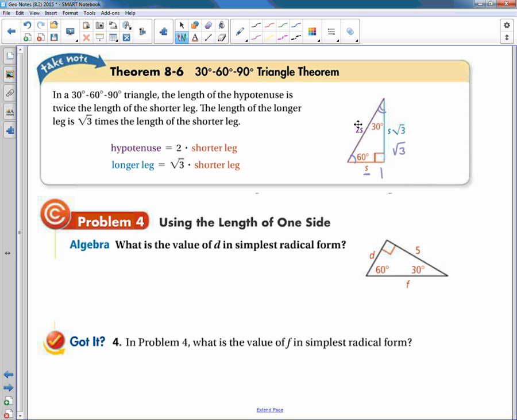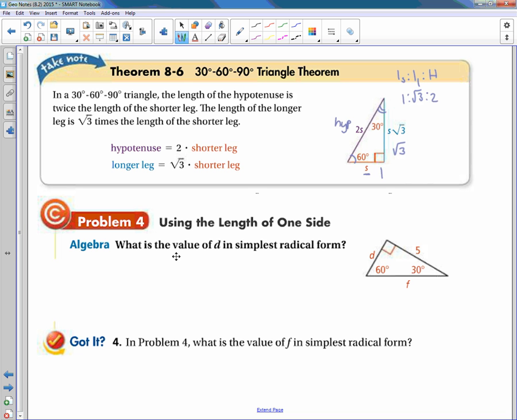And then on the hypotenuse side, we have 2. So if I were to say my ratio was shorter leg to longer leg to hypotenuse, then it would be 1 to root 3 to 2, and that would be an extended ratio.